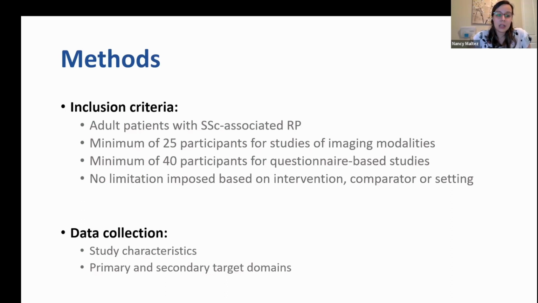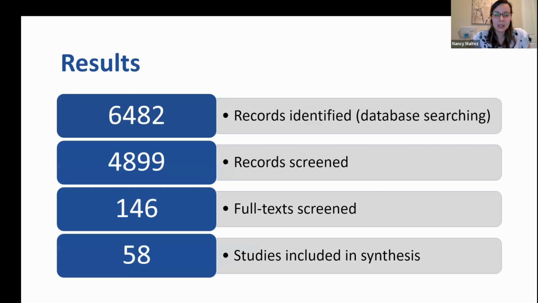In terms of data collection, 2 reviewers collected the study characteristics and all the primary and secondary target domains. So we identified over 6,400 records, and then about 4,800 were screened at the abstract and title level, 146 full text, and then 58 studies were deemed eligible for inclusion in the final synthesis.